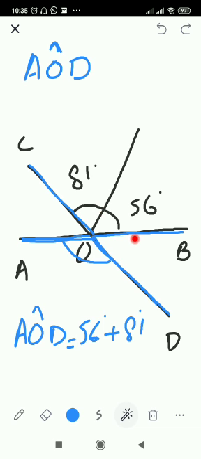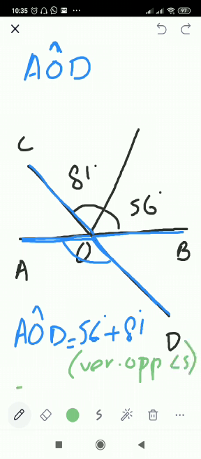You can write down the reason here: they are vertically opposite angles. The answer, 56 plus 81, is 137. So this angle will be 137 degrees, and the reason is that they are vertically opposite to each other.